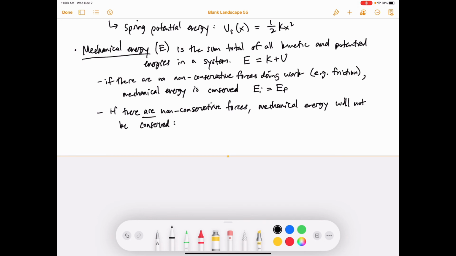And in this case, if we want to analyze what's going on, we would say the work done by these non-conservative forces is equal to delta K, the change in kinetic energy, plus delta U, the change in potential energy.